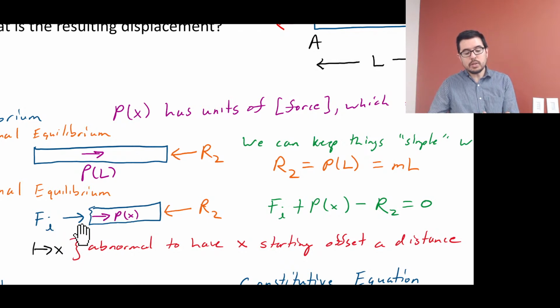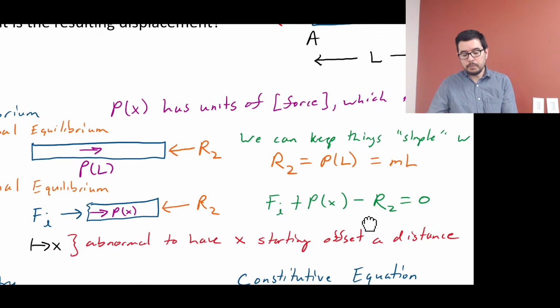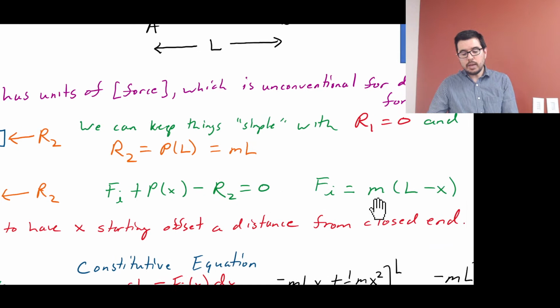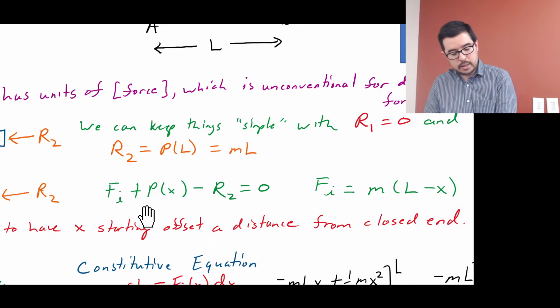This internal force, draw it against R2 and with P. So these guys added together minus this one is going to be equal to 0. So now we have an expression for the internal force. The internal force can be written as this R2 minus the P, and that's what m times L minus x is.